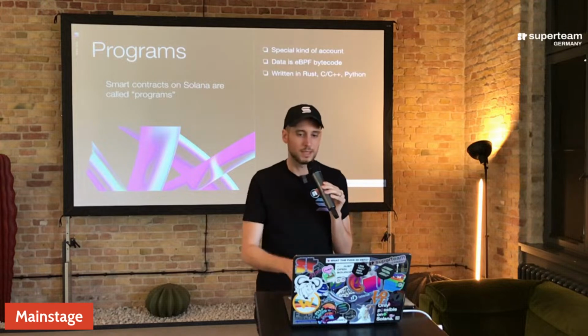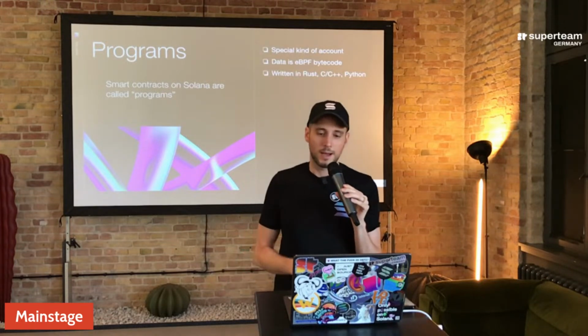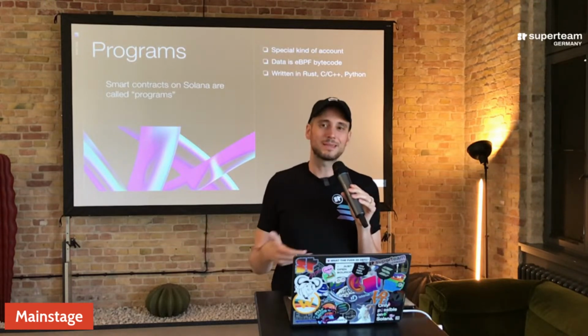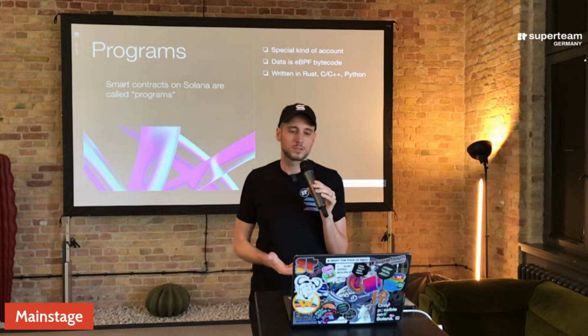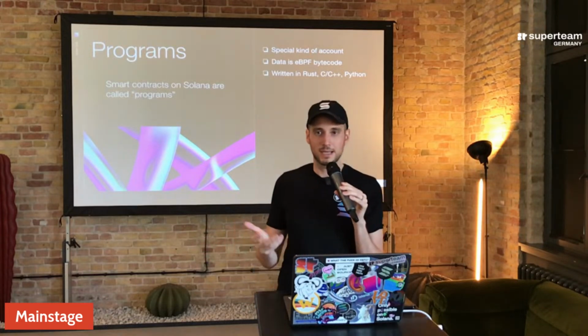Yeah, and if this account says executable is true, then we have programs. Programs, as I said before, on other blockchains are called smart contracts, and these are programs that can run and execute code for you. But this kind of makes them special if you think of it. On Solana, those accounts cannot hold any data, meaning the state.